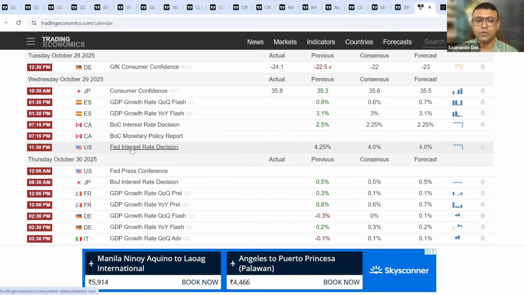Now, as you can see, this is the most important event. All the global markets will be waiting for this event to happen. Based on the outcome, and the volatility and price fluctuation that will be generated during this time, the big players possibly will enter, exit, and re-enter their positions. So at 11:30 p.m., the US central bank interest rate decision is coming up.